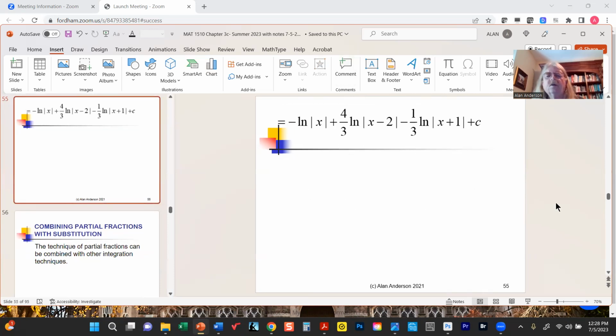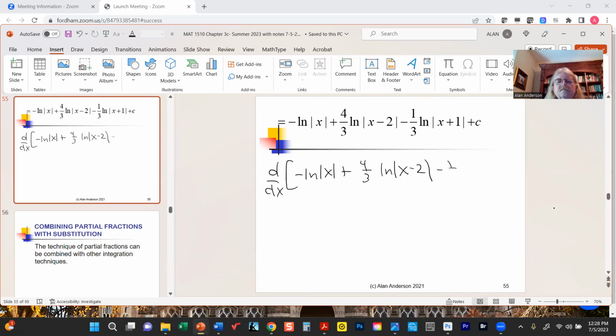So here, how would that work? If you take the derivative of this expression, we don't have to worry about the c because we know that that'll just be 0.